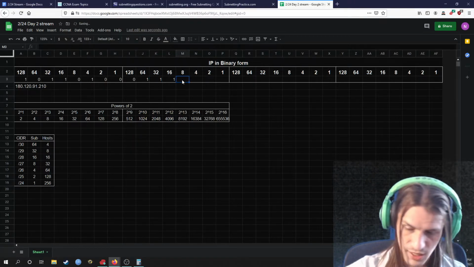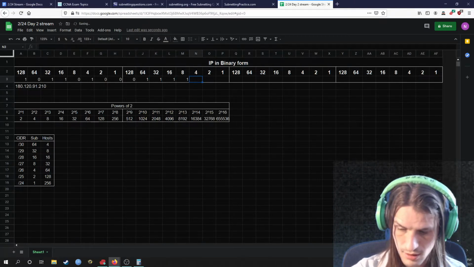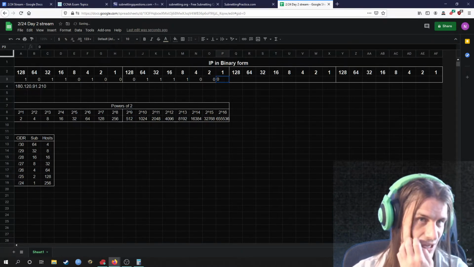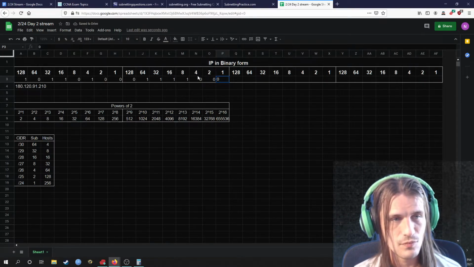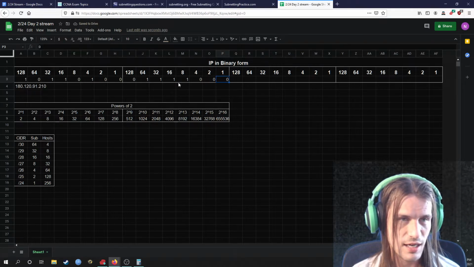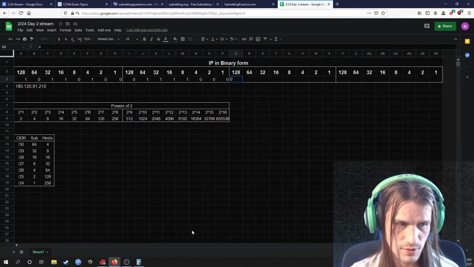And 8 can come out of 8. And that means there's nothing left over, so none of these other columns are going to be activated.